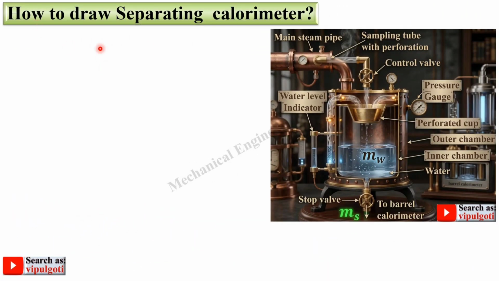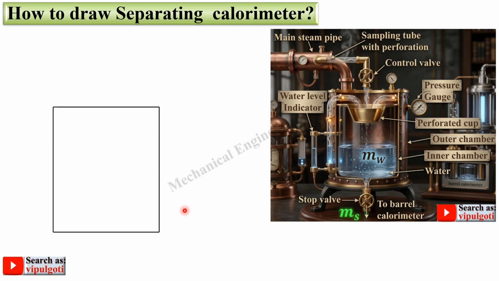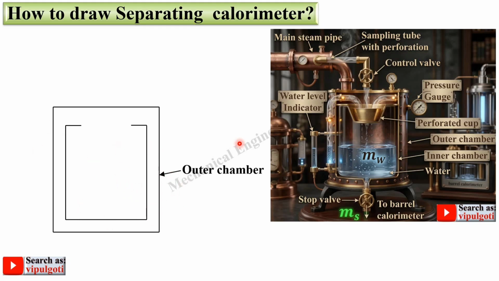Now let's see how to draw the separating calorimeter, because it is a little bit difficult to draw in the examination. So first I have drawn the outer chamber, then this is the inner chamber. Here you can see the perforated cup is provided. This is the inner chamber.